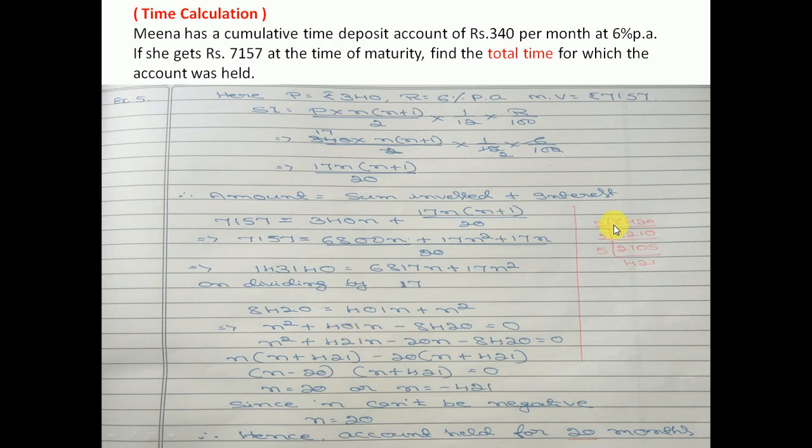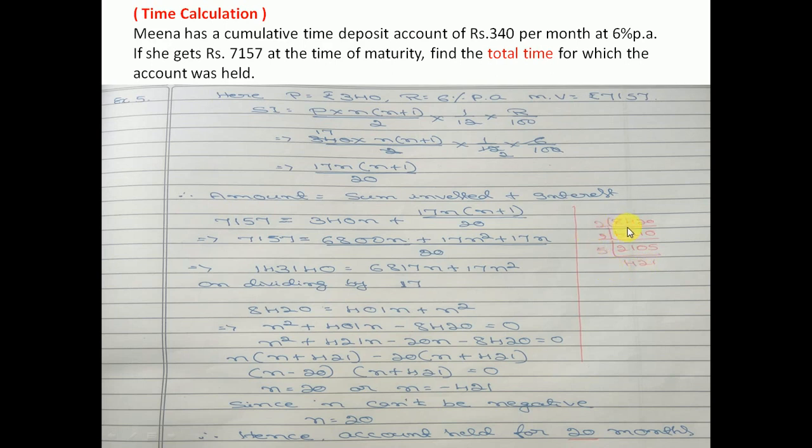So I have gone for the prime factor method. 8420 by 2 is 4210, divide by the smallest prime number. Then by 5 is 421. Here 421 is a prime number, it cannot go further. If you observe, one side is 421, the other side is 5 twos are 10, 10 twos are 20, so 20.